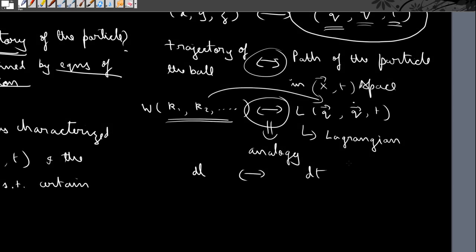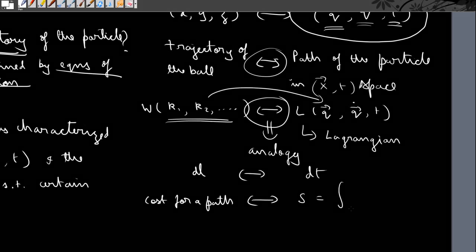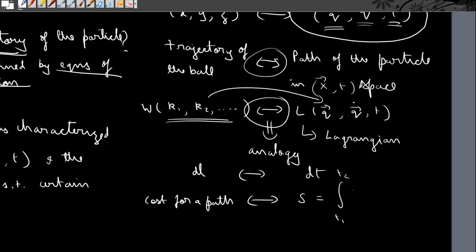and the cost for a path in our previous case has now become this integral S, denoted by S, which I had already written down, the integral of L of q, q dot, t dt, and this S is called the action, and that is where the name comes, principle of least action.